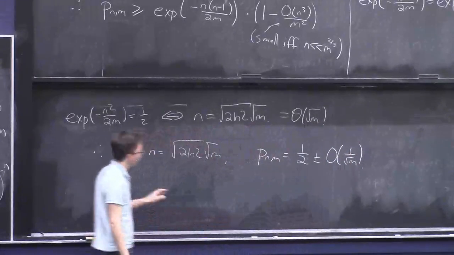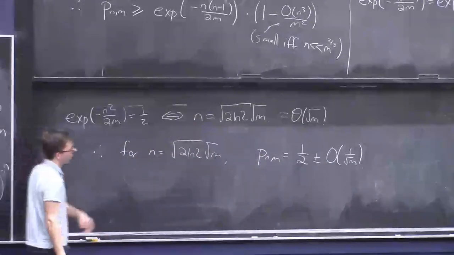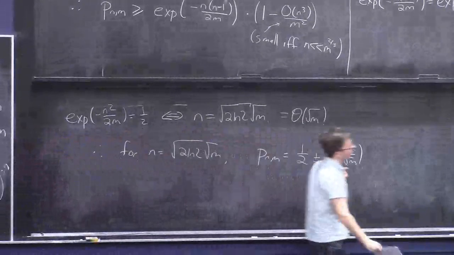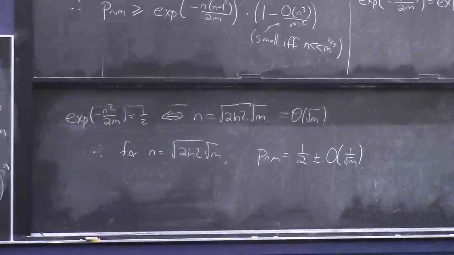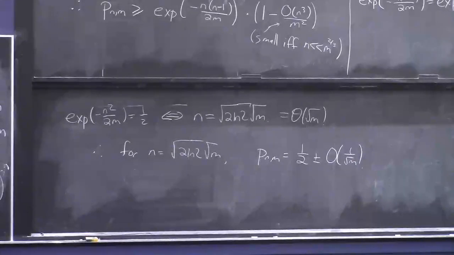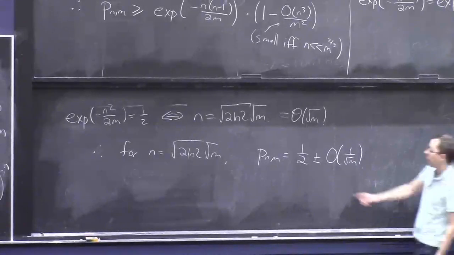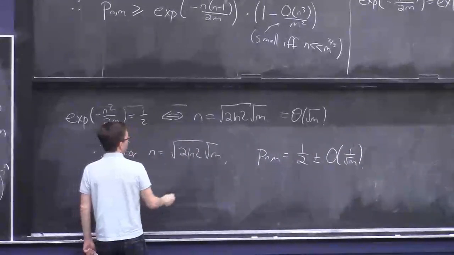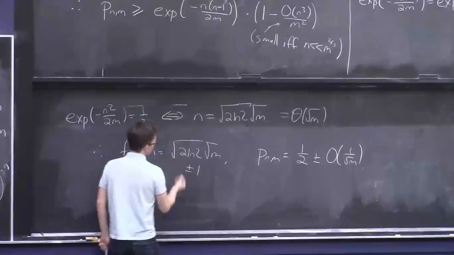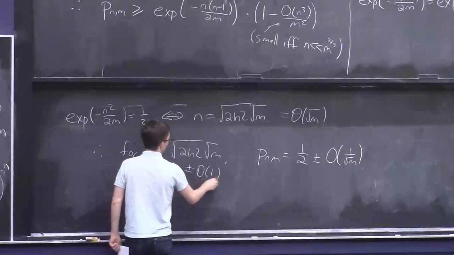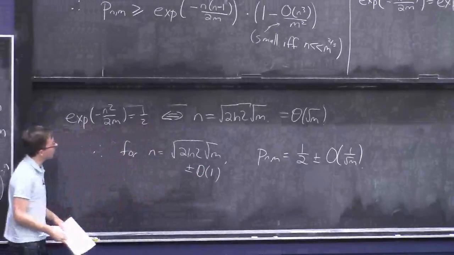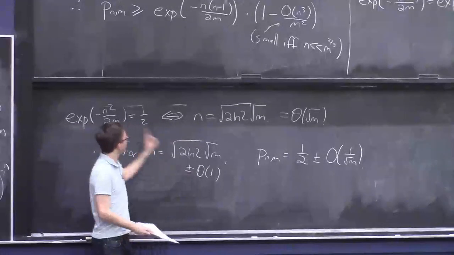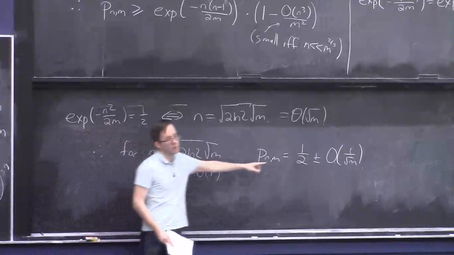Actually, I omitted one little thing here, but I don't want to dwell on it too long. On one hand, this order 1 over root m comes from both these error terms when n is around root m. And, oh, actually, this is exactly true, so I didn't omit anything. But even if you put in plus or minus 1 or plus or minus order 1 because you want to imagine n is an integer, if you plug that into here, you'll still only get an error that's like this.